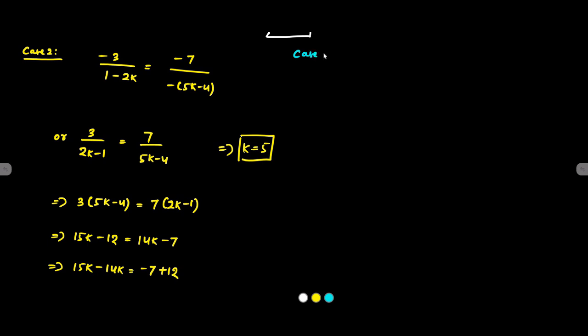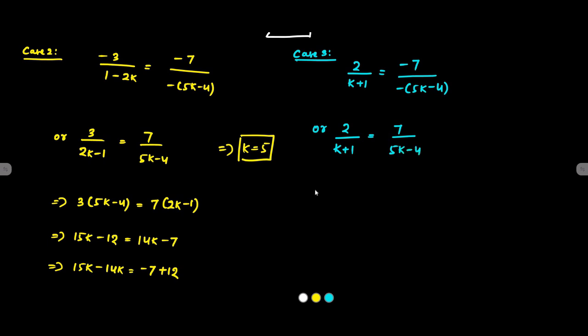So case 3, where we compare 2 by k plus 1, that is a1 by a2, with c1 by c2, minus 7 by minus 5k minus 4, or 2 by k plus 1 is equal to 7 by 5k minus 4.